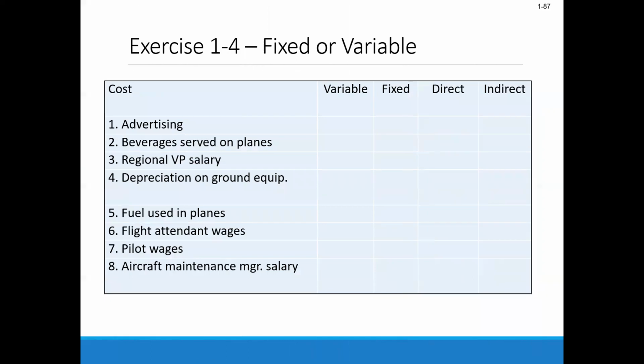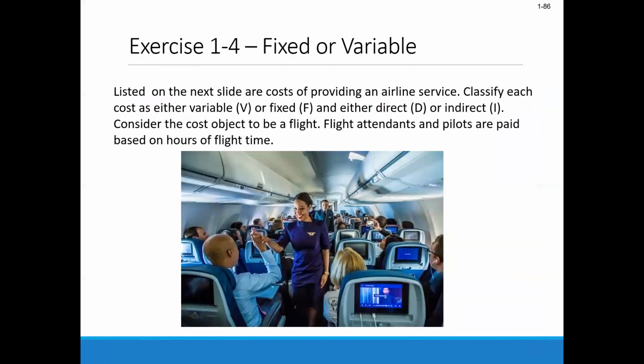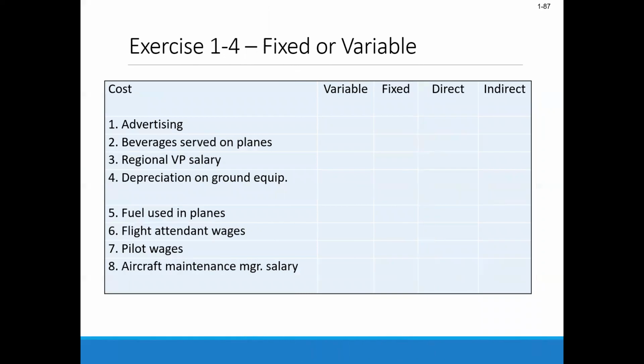So we have advertising, beverages, regional VP salary, depreciation on ground equipment, fuel used by planes, flight attendant wages, pilot wages, aircraft maintenance. Now the cost object is going to be the flight, okay?